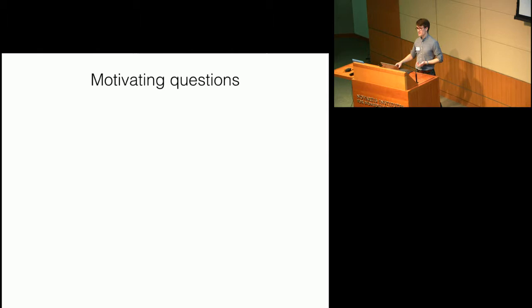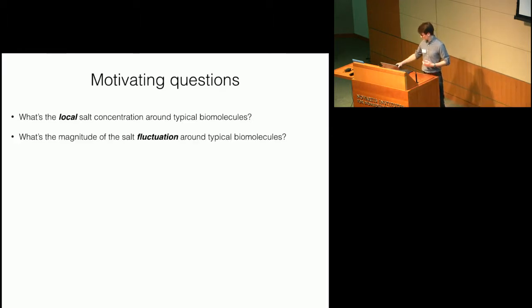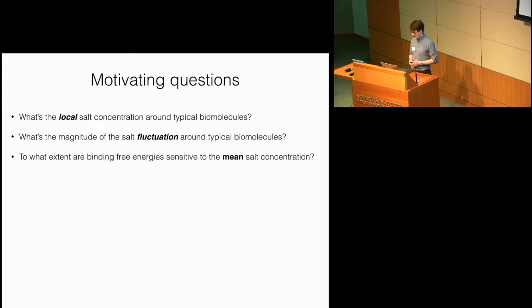So with this in mind, we have some motivating questions that we wanted to address with simulations. First off, what's the mean salt concentration around a typical biomolecule? Secondly, what is the degree of fluctuation of salt around a biomolecule? And thirdly, to what extent are binding free energies dependent on the mean salt concentration?